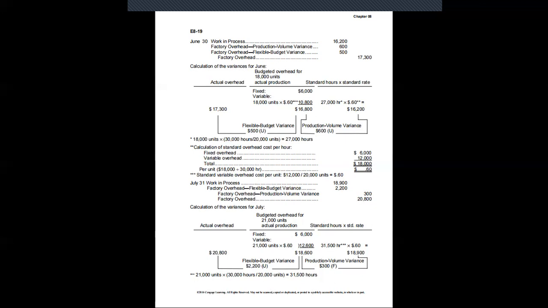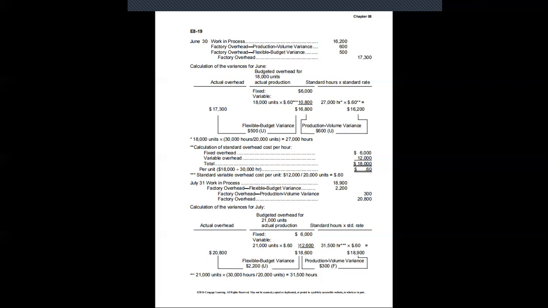Now, how do we get the standard overhead cost per hour? The fixed overhead is given at 6,000 and the variable overhead of 12,000. The total is 18,000 and we divide it by 30,000 direct labor hours. We have 60 cents per unit.